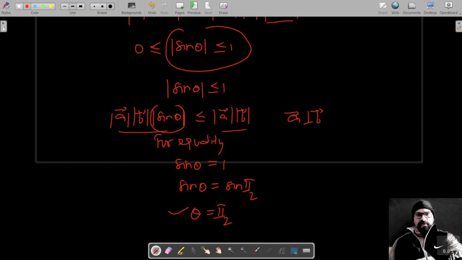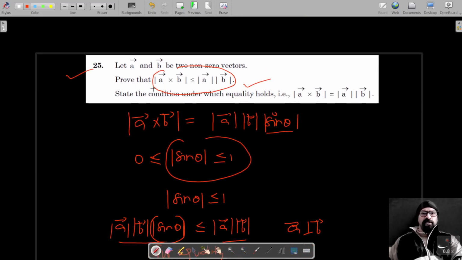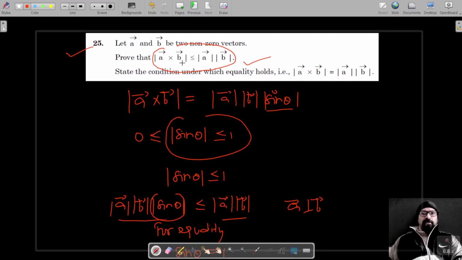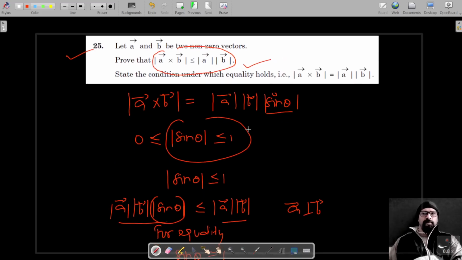So A vector should be perpendicular to B vector is the condition for which this equality holds good. So we have just proved that modulus of A cross B is less than or equal to the product of the magnitudes of A and B, with equality when theta is equal to pi by 2.